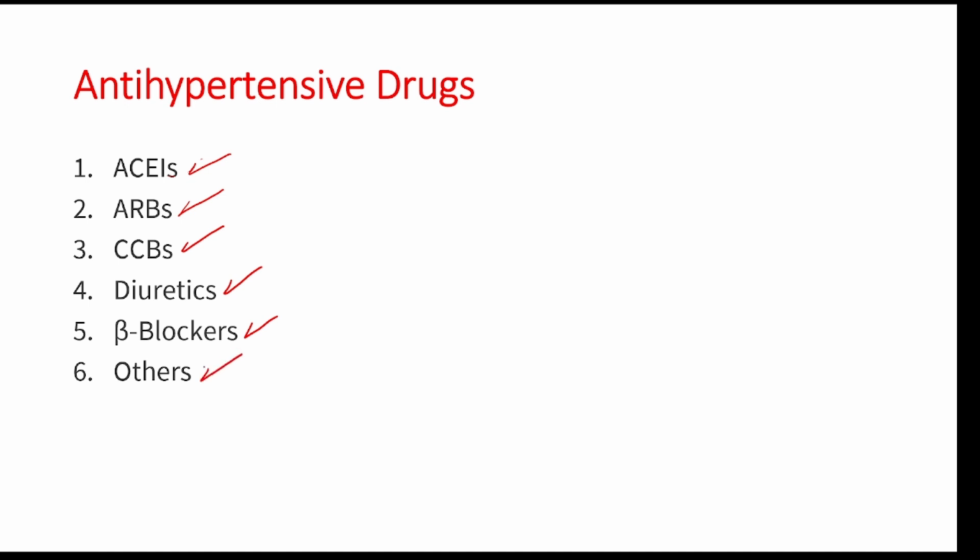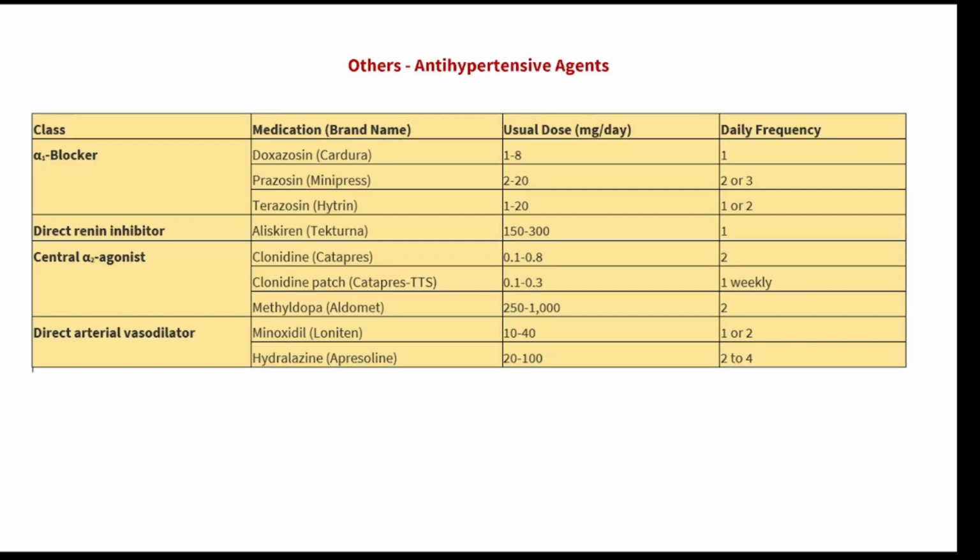So we have several groups of medication available for treatment of hypertension. This slide shows the group of medication, the class, the medication name, the brand name, what dosage should be used, and how often we need to use it.